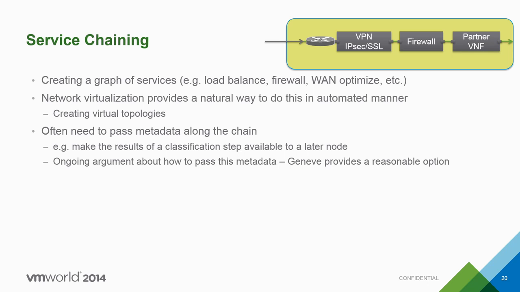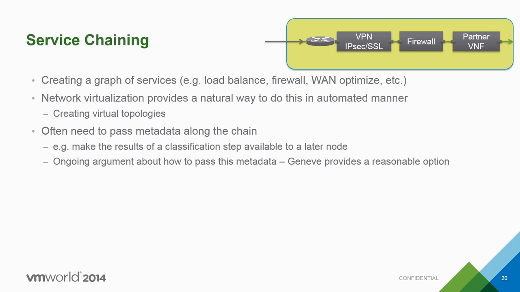But building service chains in the virtual world is actually extremely easy because we dynamically create topologies all the time. So if you want a service chain that looks like that, you specify that topology to NSX, it builds it. If you want to change the topology, you tell NSX to change the topology. It's very simple. So really, the most challenging part from our point of view is this idea of just being able to pass metadata along the service chain.